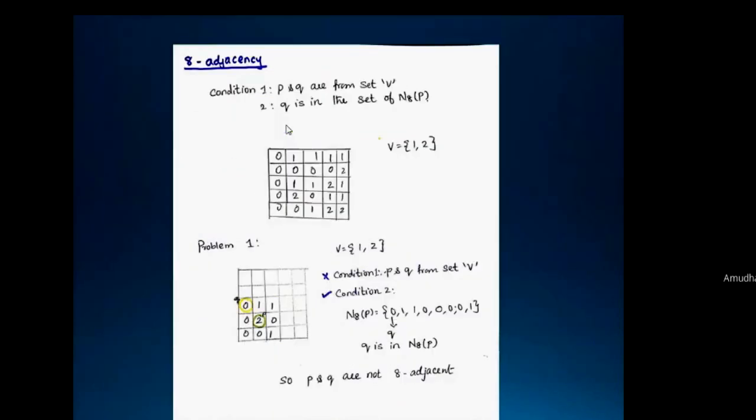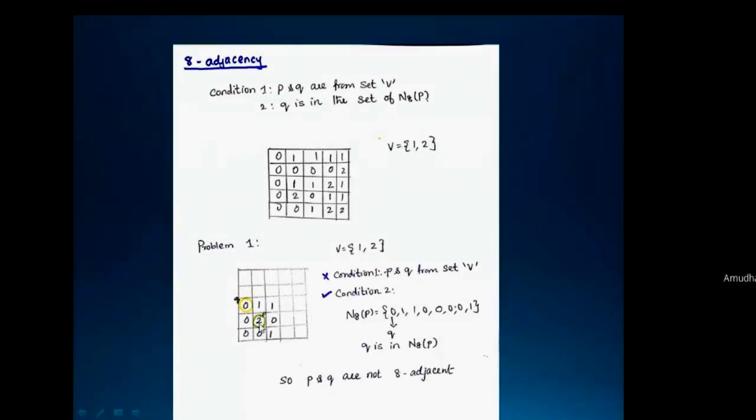8 adjacency. For 8 adjacency, I have taken this 5 by 5 matrix image and V is equal to 1 and 2. Here also we have to check the first condition, P and Q are from set V, and Q is in the set of N8 of P. I have taken the same problem.